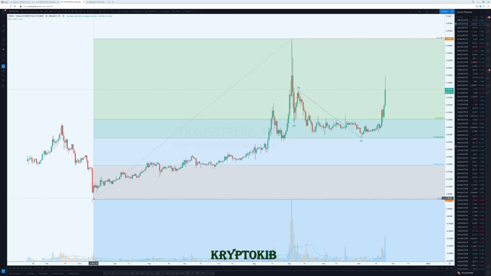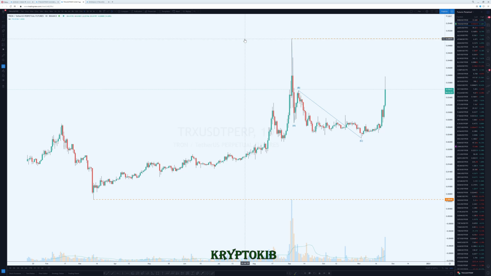Now this becomes our 0 to 1, 1 to 2. Now we are moving on the third wave. Let me use this as my 0 to 1, and this is my 2 on the bigger wave.